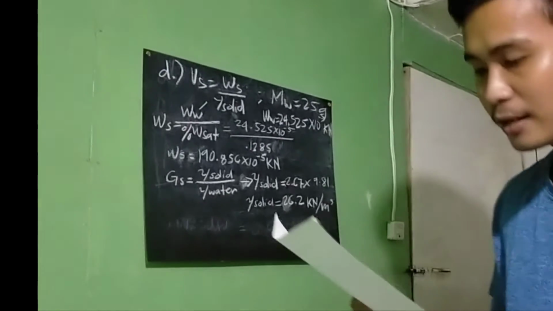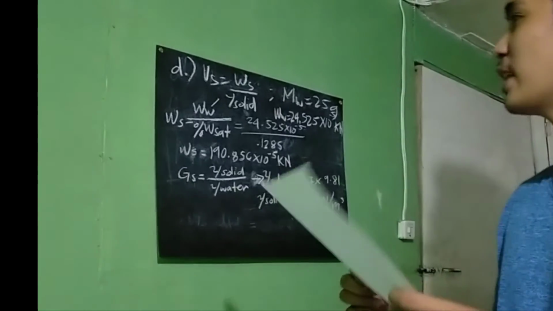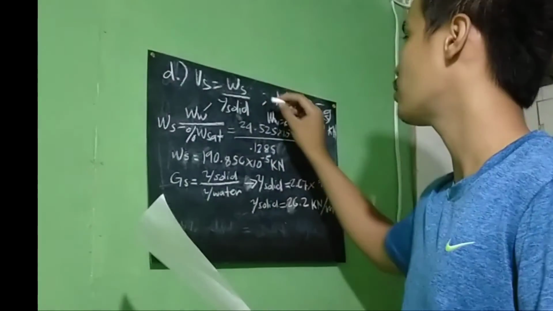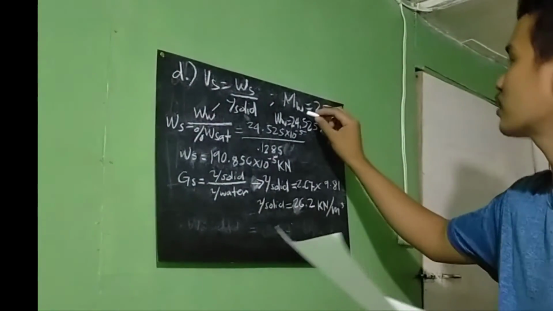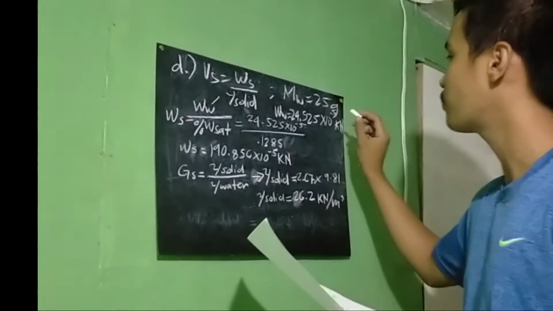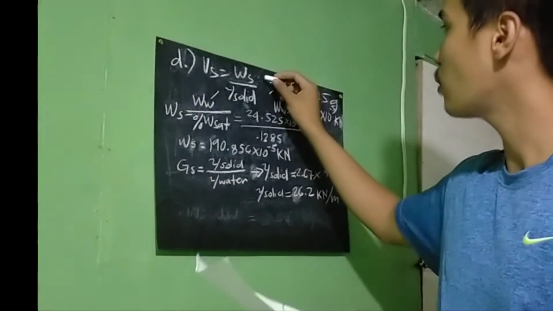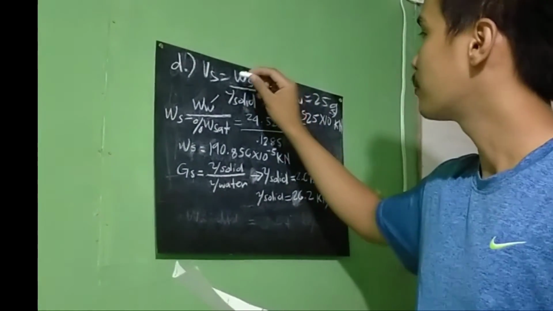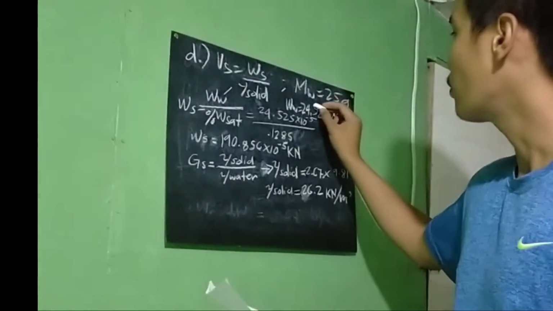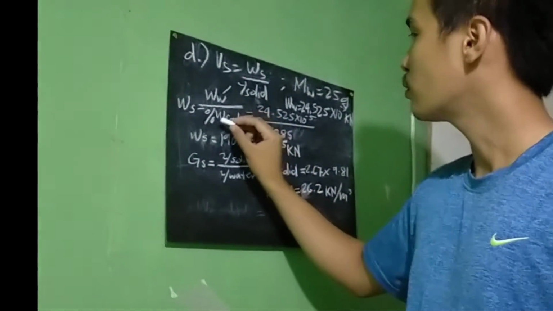So for letter D, the volume of solid particles with the mass of water is 25 grams for saturation. We will use the formula to get the volume of solids. Given that the mass of water is equal to 25 grams, convert it into weight of water, which is 24.525 times 10 to the power negative 5 kilonewton. Then the weight of solid formula is equal to weight of water over the water content saturated.